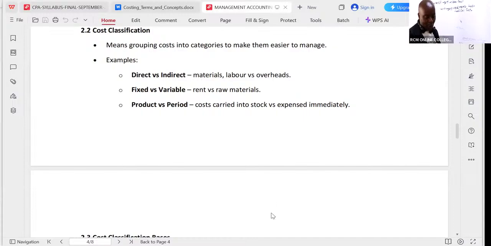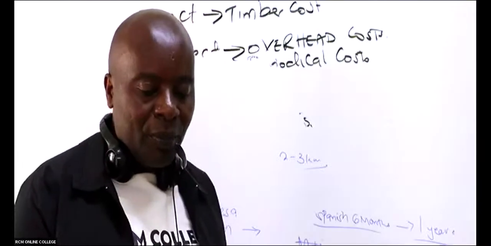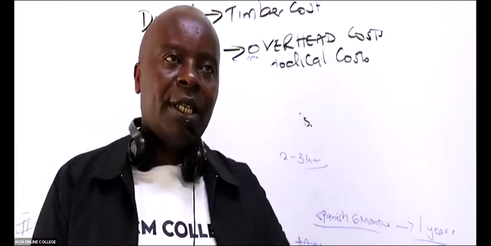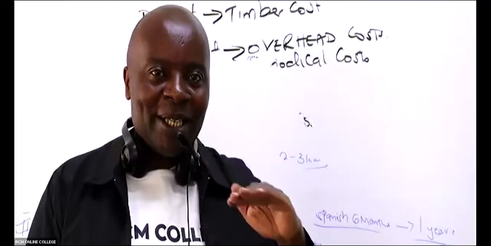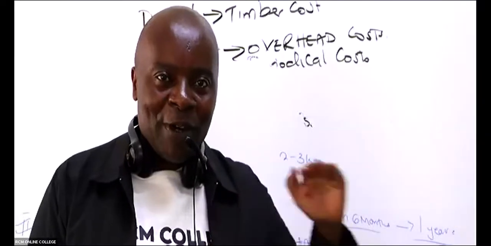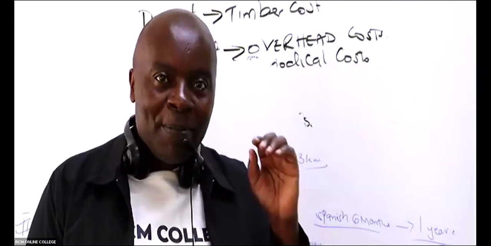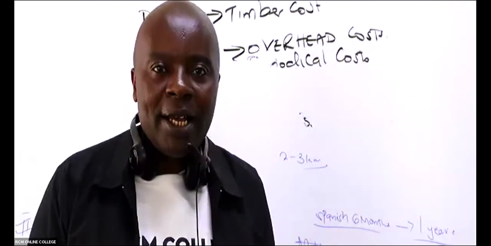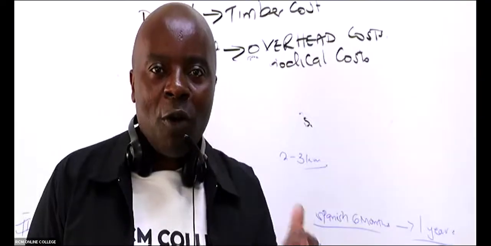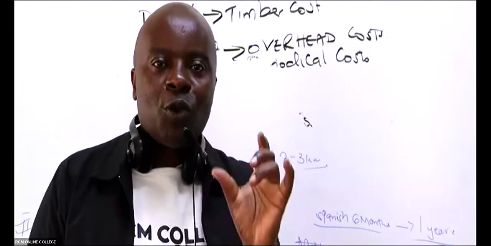For example, when you are valuing your stock items, you'll say, this chair, this is my inventory. How much in terms of materials, in terms of labor, in terms of variable overheads? Those are product costs, because at the end of the day, I'll be able to say this chair, as I talk of opening and closing inventory, is worth this much.